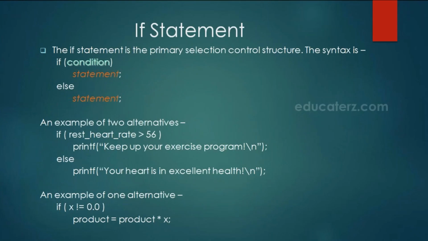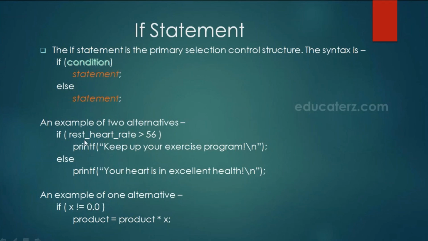Then the if statement. If the particular condition is true, then do something. This way we can have one alternative, the if statement. If we want to give some other alternative if the condition is false, then we can go for the if-else statement. For example, if the condition is true, then execute this statement, else execute something else.